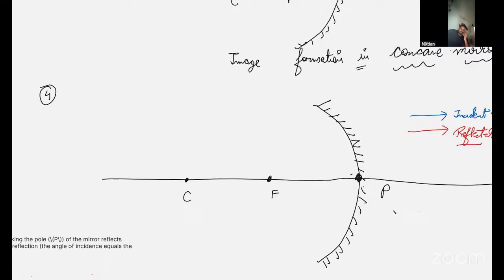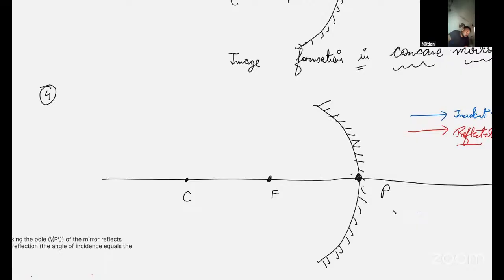Curvature is the point where we put the pin, right? Yeah, yeah. Okay, done. Done with the drawing. Shall I teach now?